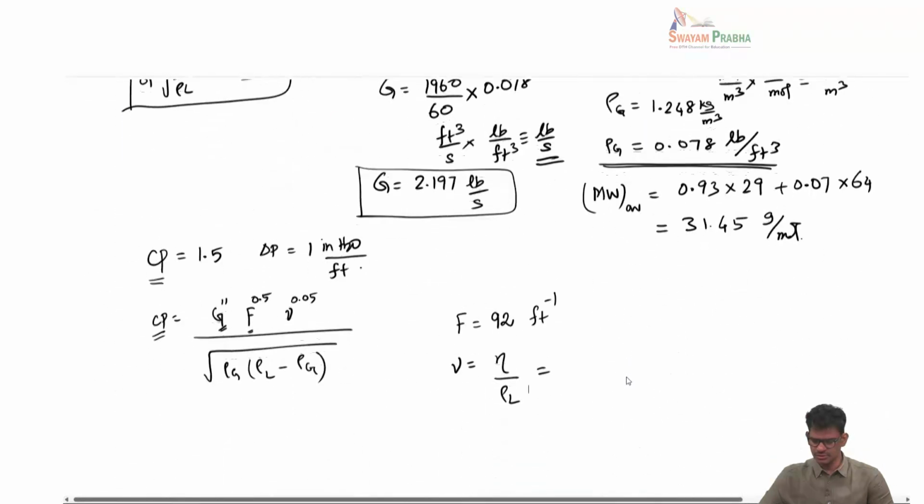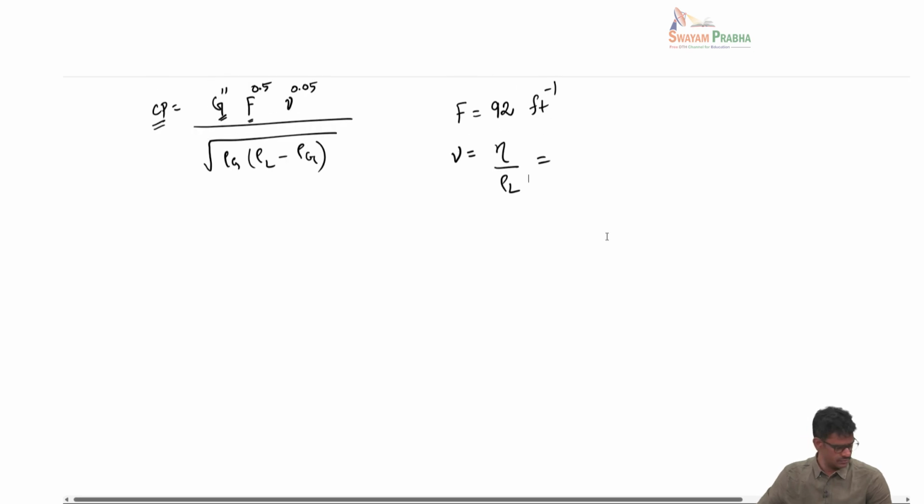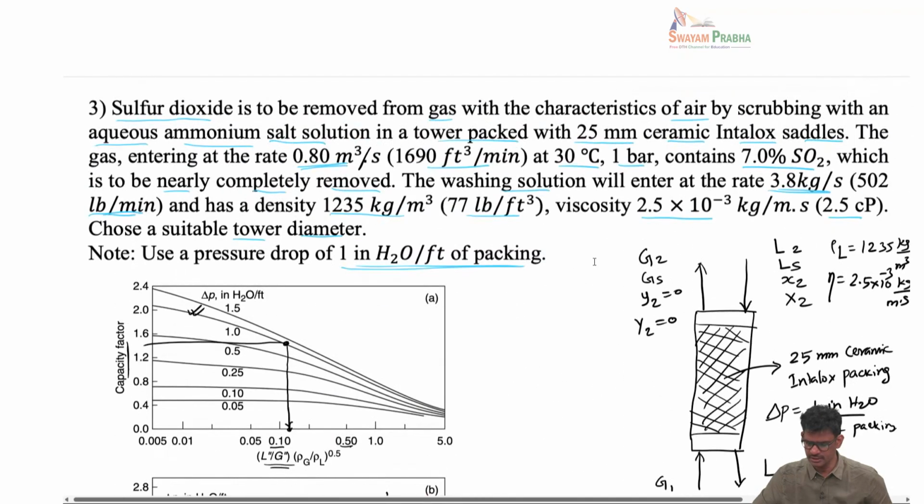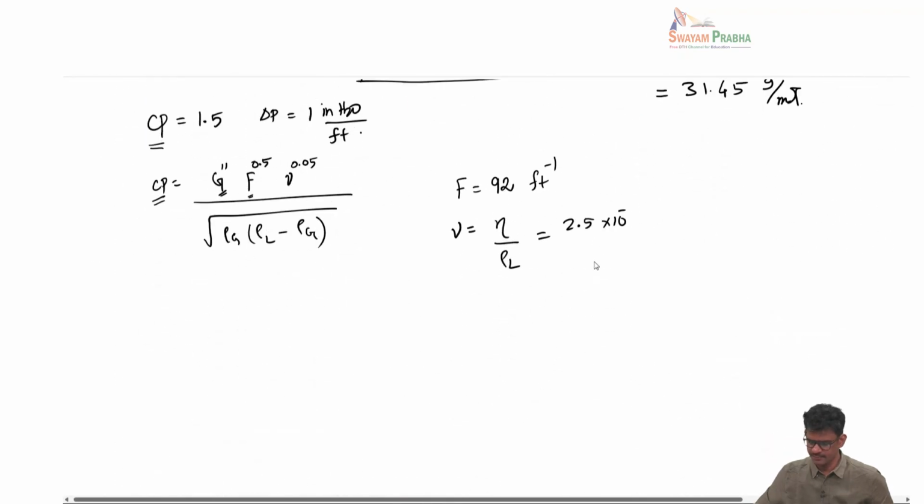So this is 2.5 into 10 power minus 3 divided by 1235.